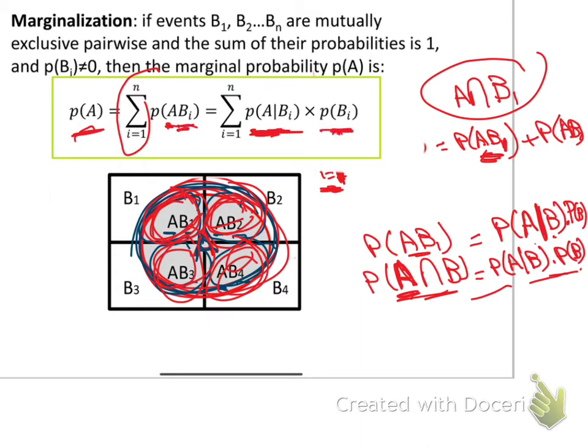Sometimes this substitution is used in the denominator: instead of writing the probability of A, they write the sum of the probability of A given Bi times the probability of Bi.